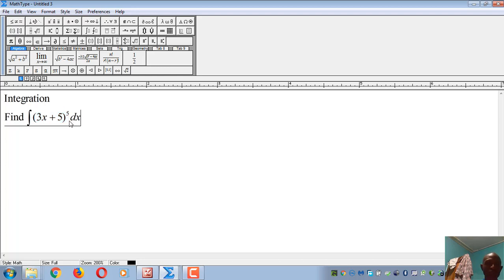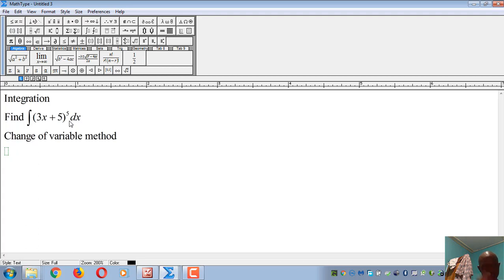So today we want to see a technique called the change of variable method. We use this change of variable method to evaluate or determine an integral of a function that we are given.